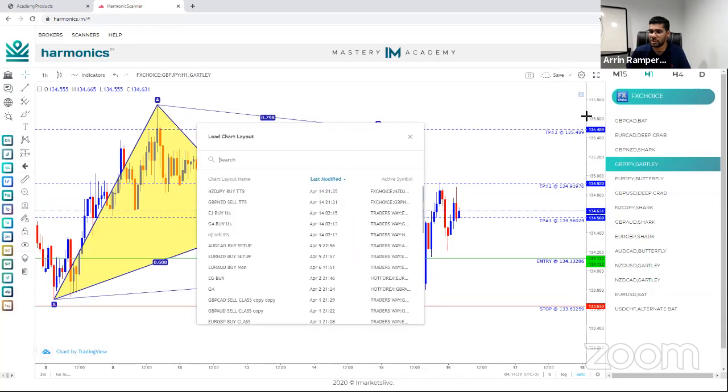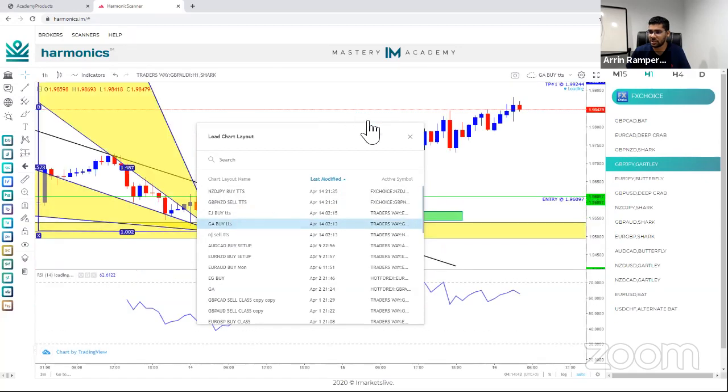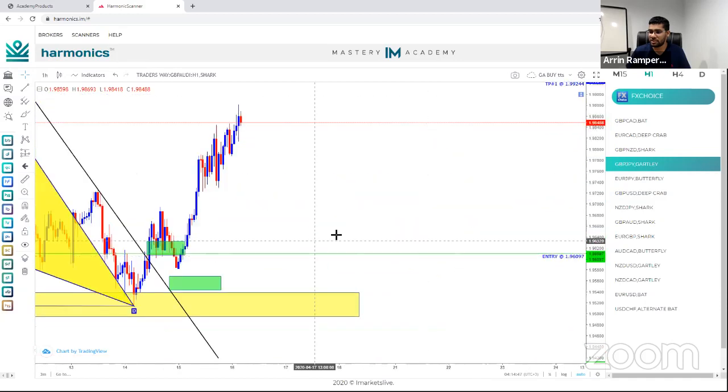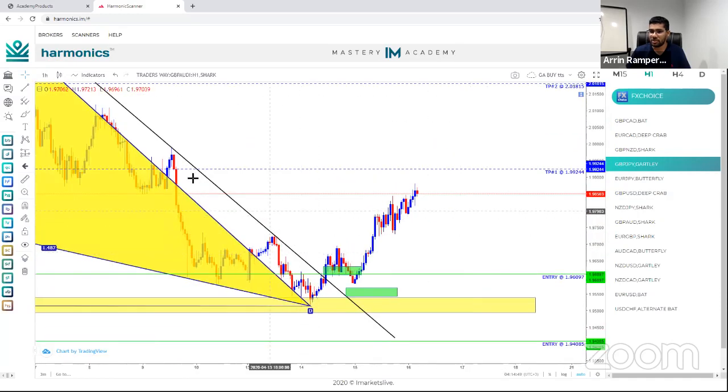Let's follow up on some of the charts that we actually saved. GBP AUD. For those of you who are in this trade, remember this was our first entry down here.